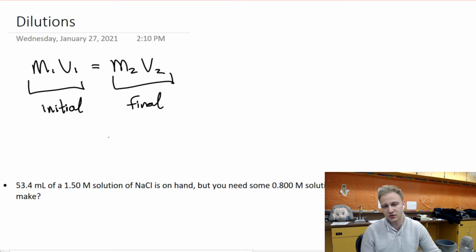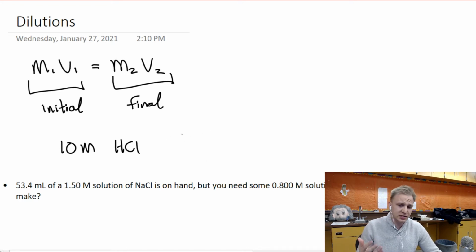Now, generally, when you're doing an experiment in a lab, you'll have something called a stock solution. You'll probably have a 10 molarity hydrochloric acid, for example. That's in my lab right here. For an experiment, we'll probably not know what volume of that 10 molarity we want to start with.